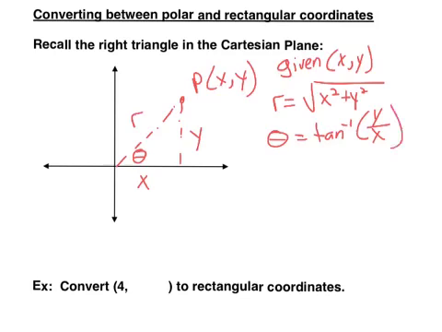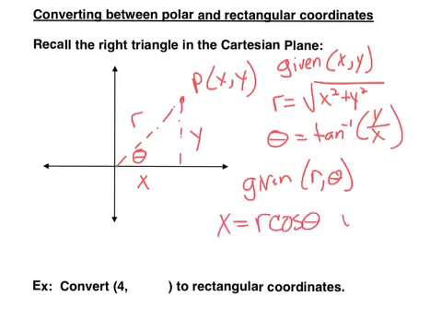So that's how you can go from rectangular to polar. Now, going from polar to rectangular is a little bit easier, and we've done this before. If we're given the radius and the angle, then x is going to be r times the cosine of theta, and y is going to be r times the sine of theta.